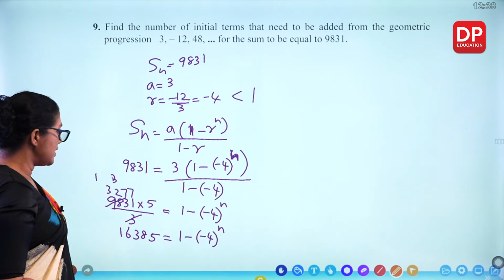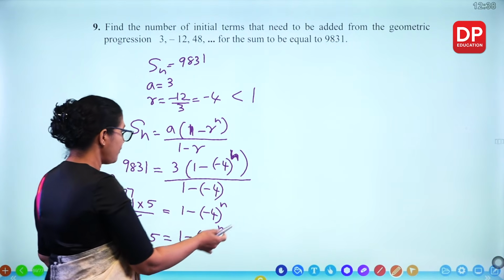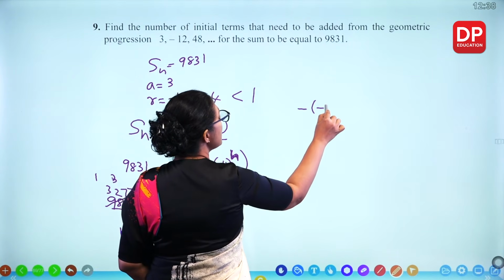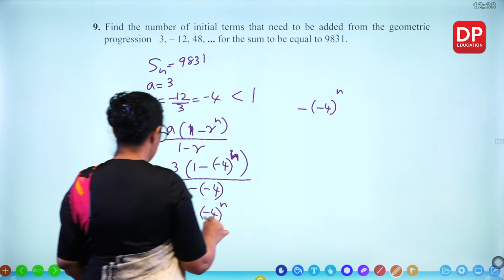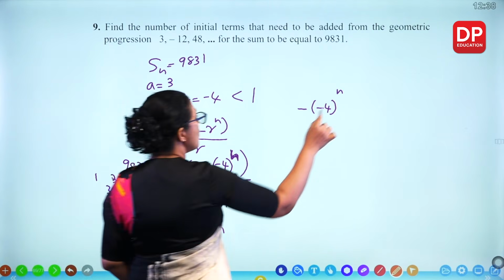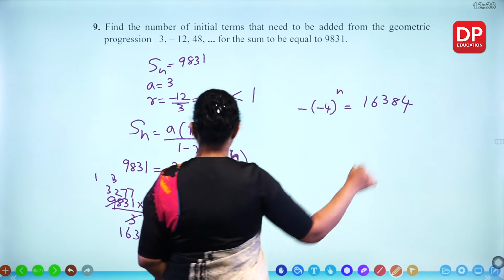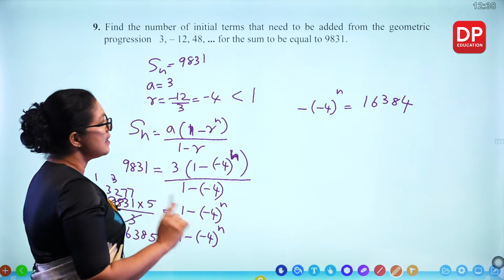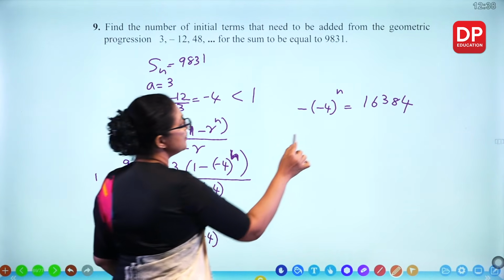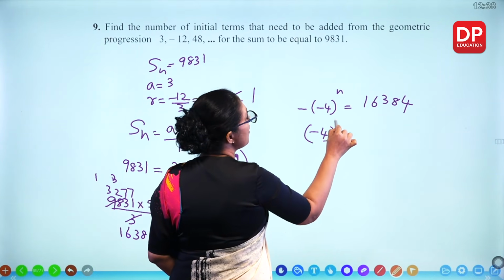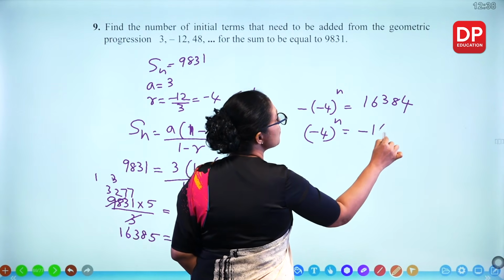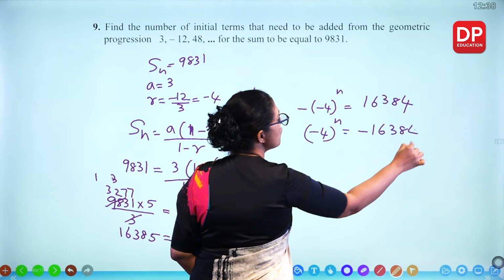When you take it to the other side, you get minus 4 to the power n is equal to 16384. Then take the minus to the other side. Minus 4 to the power n is equal to minus 16384.